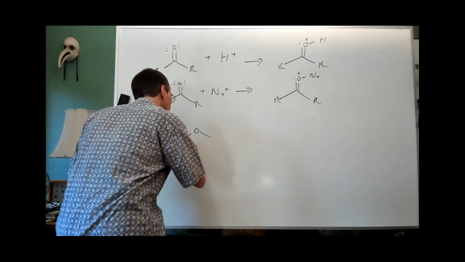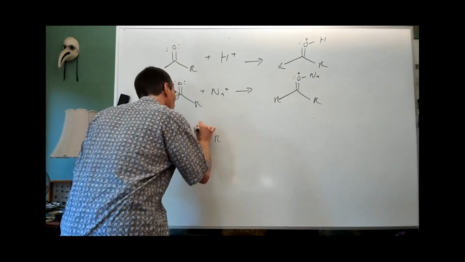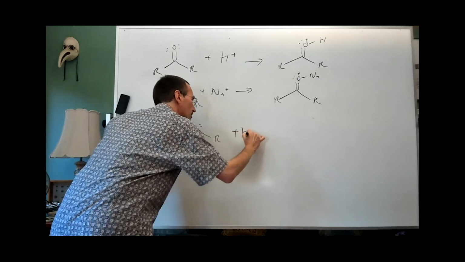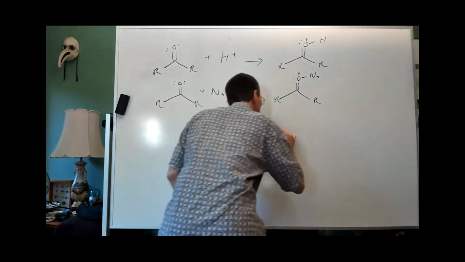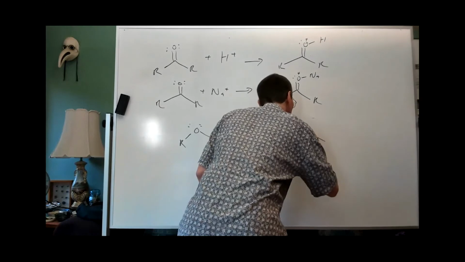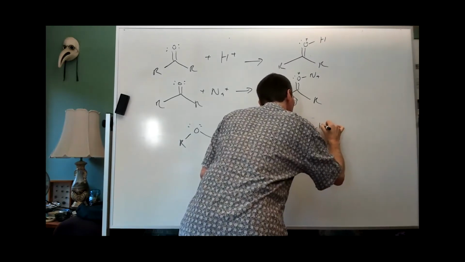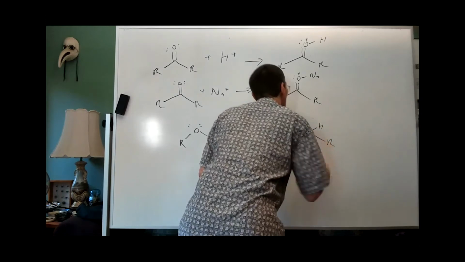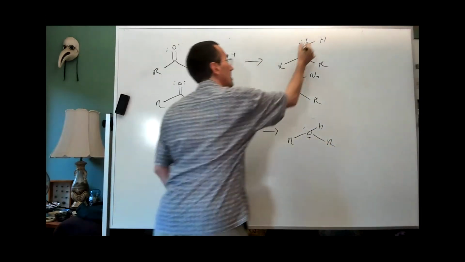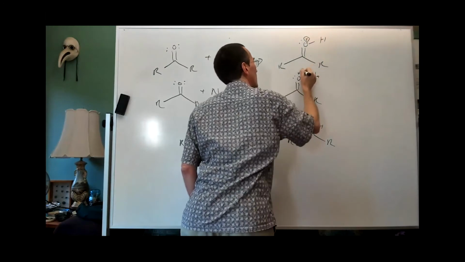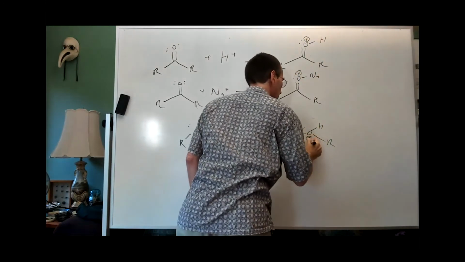So if you have an ether in a molecule, you could go ahead and pick up a proton like so. As well, I think I'll circle my positive charge just to be nice here.